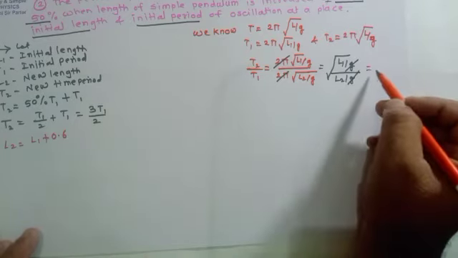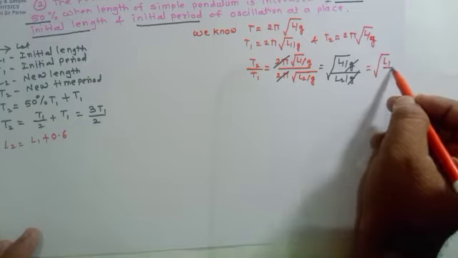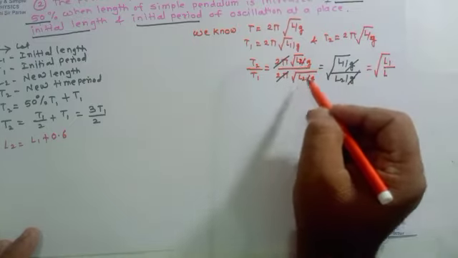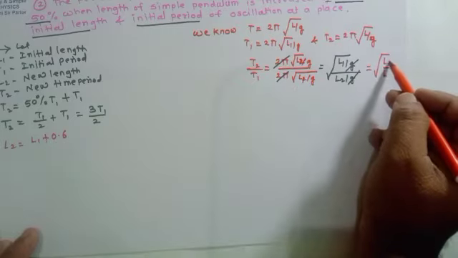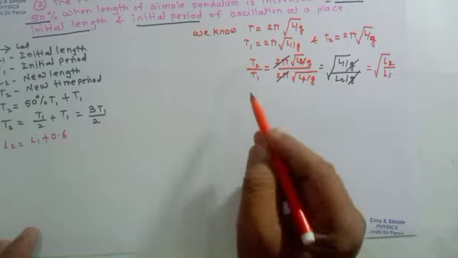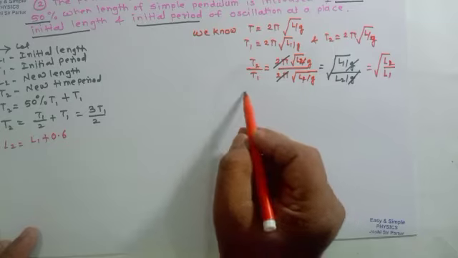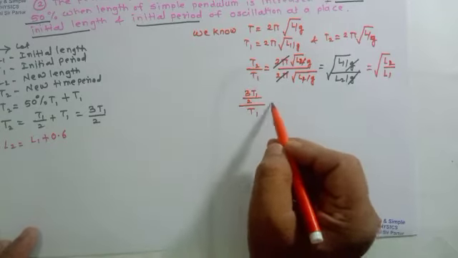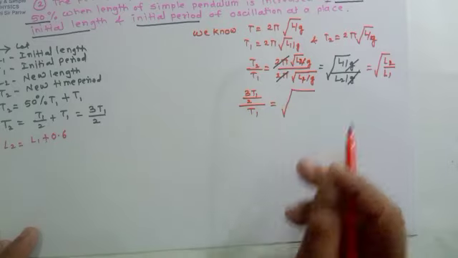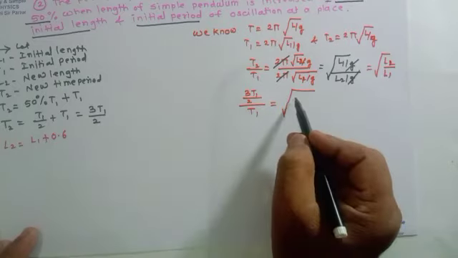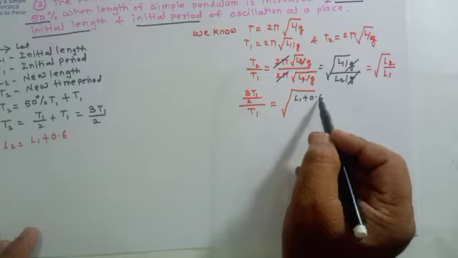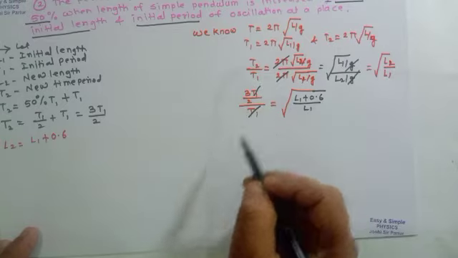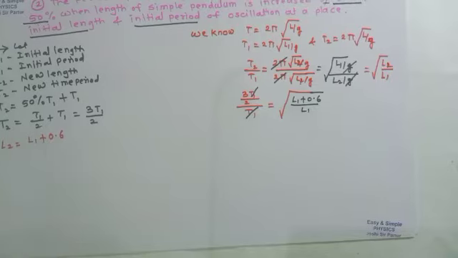So it is square root of L2 upon L1. If we substitute the value of T2, 3 T1 upon 2 divided by T1 is equal to square root of L1 plus 0.6 upon L1. T1 gets cancelled. Squaring on both sides.